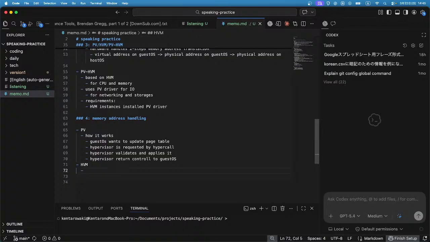So let's take a look at HVM with EPT. What is EPT?